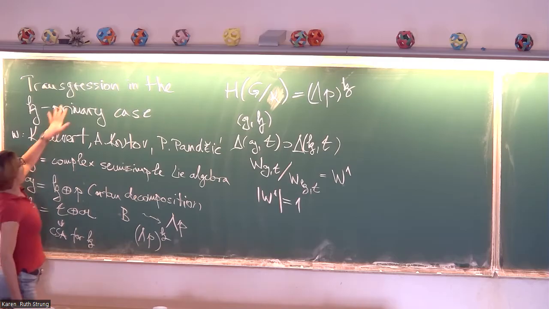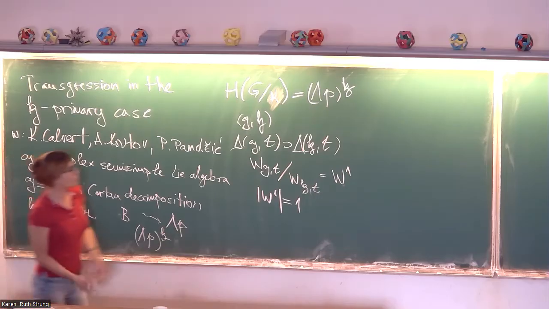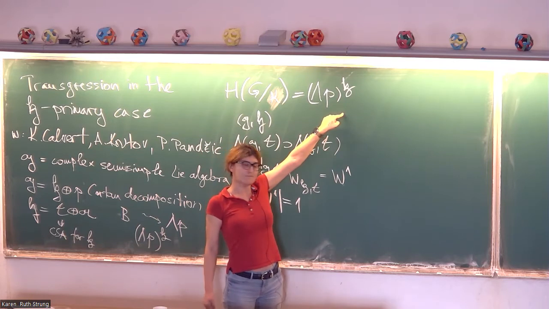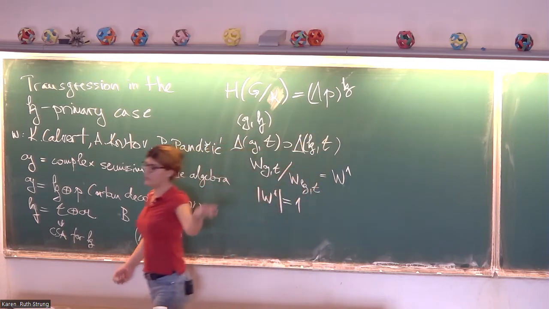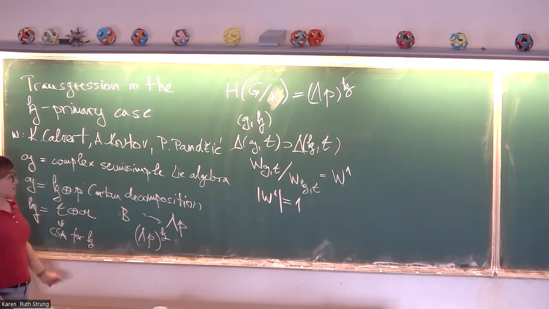Now, I promised to give you something called transgression. What is a transgression? It's a really nice map that should end up in this space. However, in order to construct a map, first we need the domain.